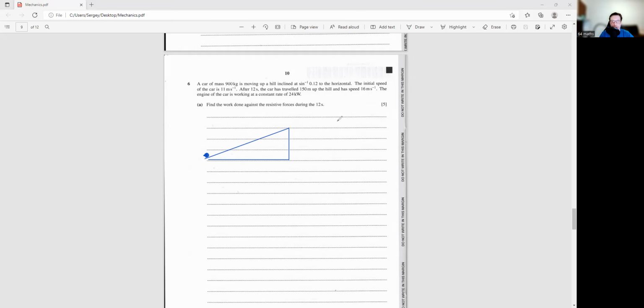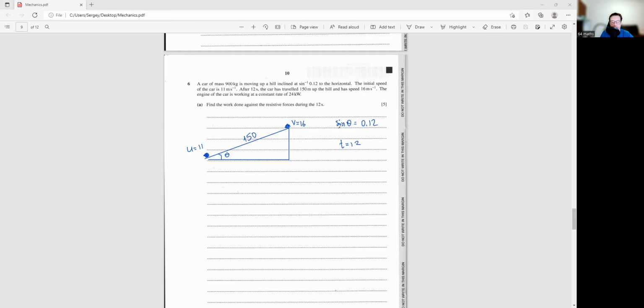Okay, so we know the angle. We could say that sine theta is 0.12. Initial speed of the car is 11. Now we know that the time is 12 seconds. And the car has traveled 150 meters up the hill. And it has reached the velocity of 16 meters per second.